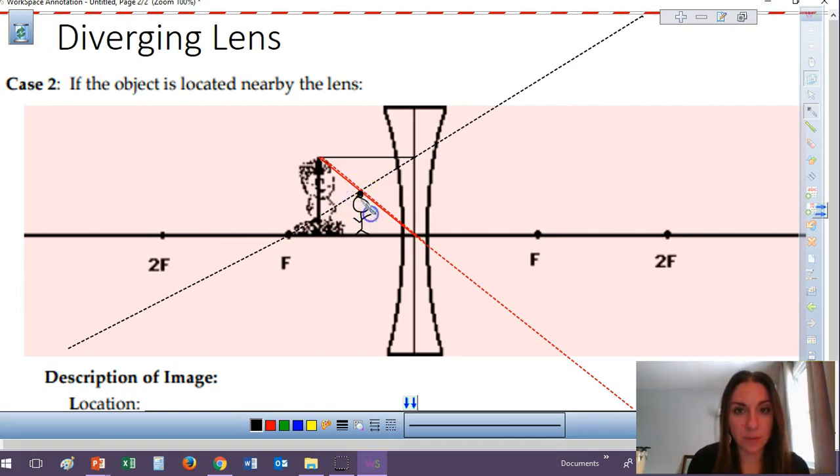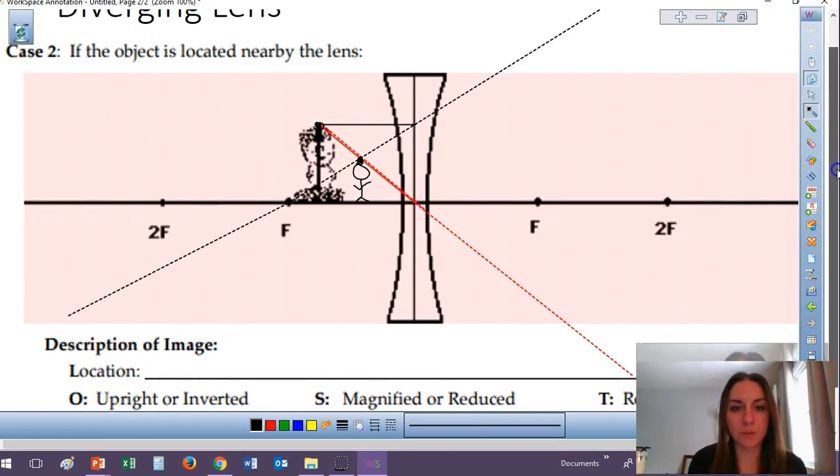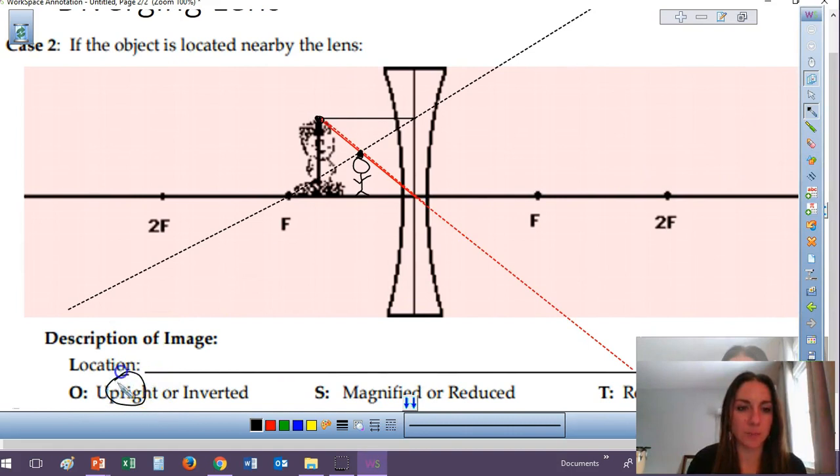Remember, the top of this mark is the top of this mark, and that's why I'm drawing it toward the principal axis like this. According to our setup, notice that it's upright because it's on the same side as the principal axis. If it was underneath, it would be inverted. This image is reduced. Notice that it's smaller physically.